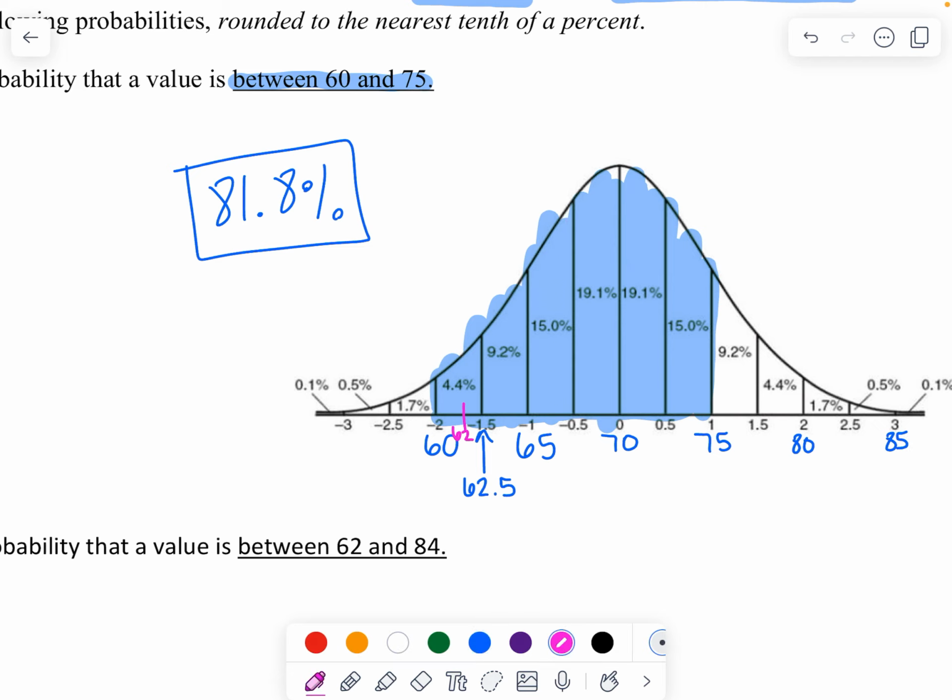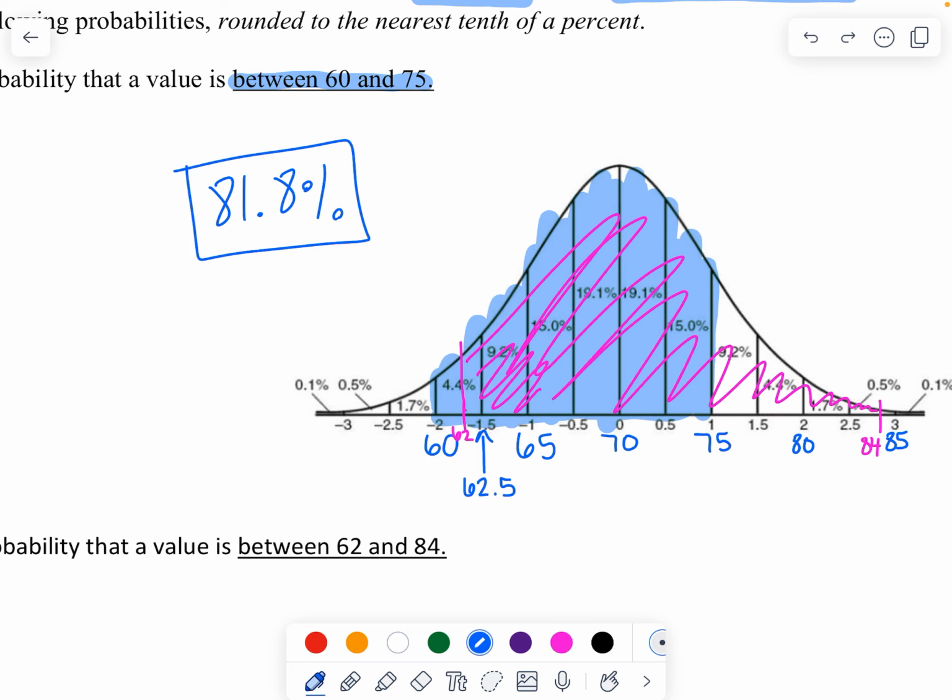So 84 might be a little bit to the left of 85. And I would still be trying to do the same thing, basically add this up. But the problem is, I don't know exactly how much of this 4.4% do I take? Do I take half of it? Do I take a little more than half? We wouldn't be precise. We'd be approximating if we use the curve to try to answer this question.